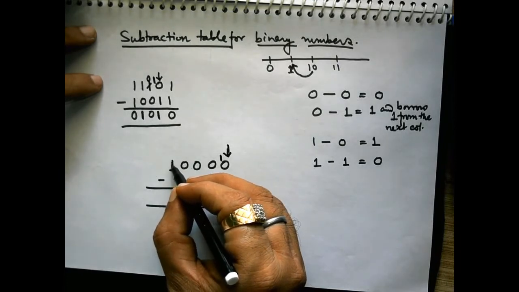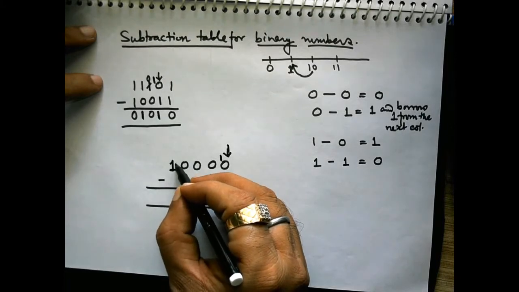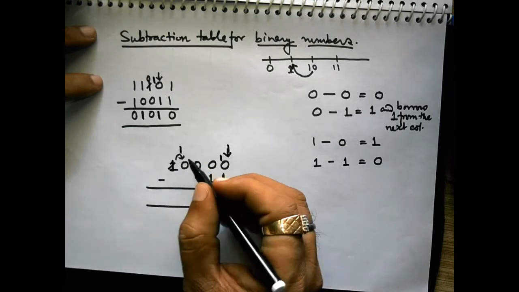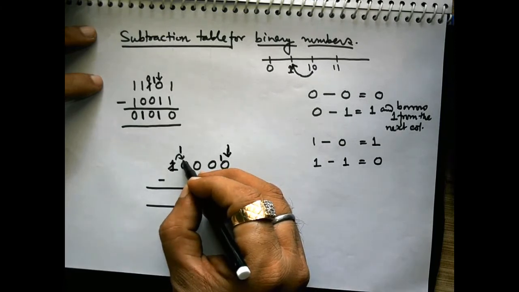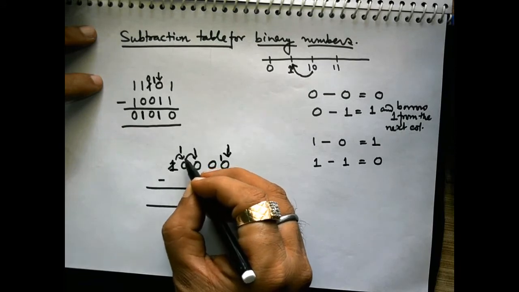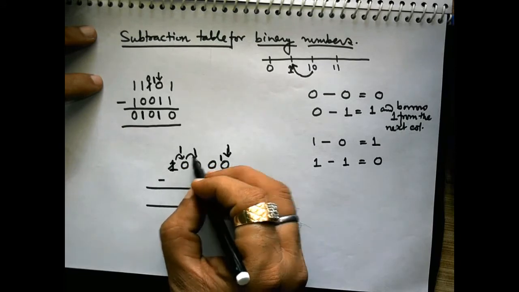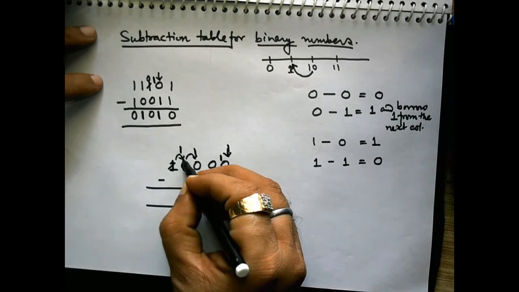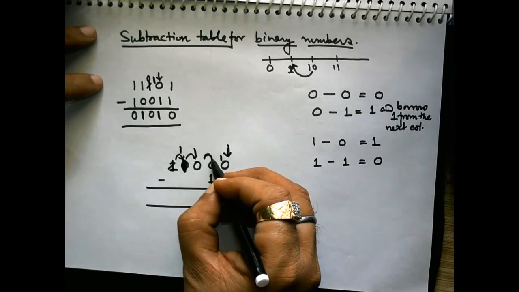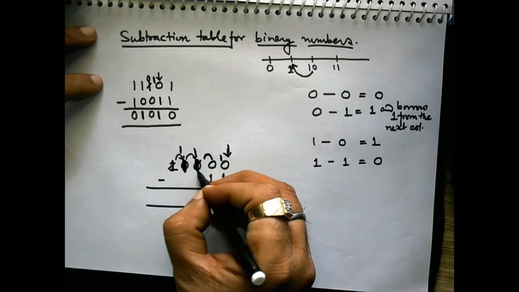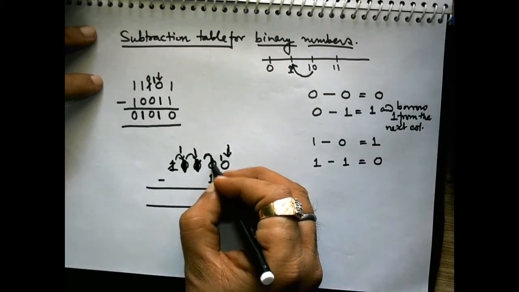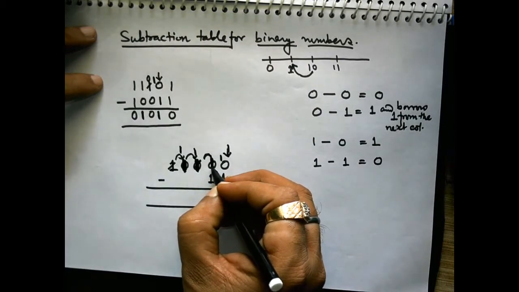If this is able to donate, it will donate to this bit, and it will become 1 0, but after donating 1 it will become 1, and after donating 1 to this it will also become 1, and after donating 1 to this it will become 1.